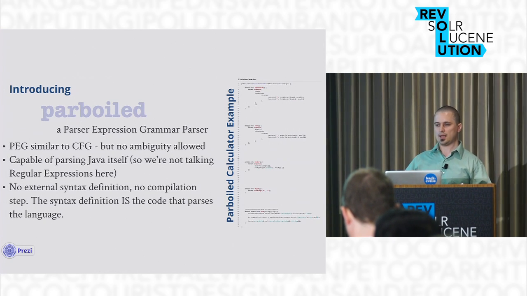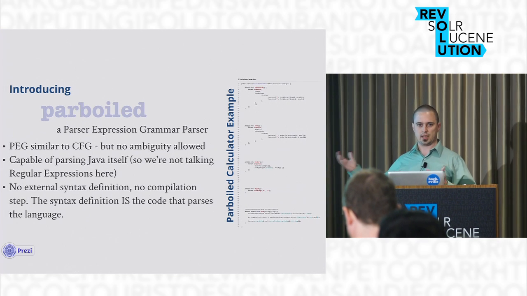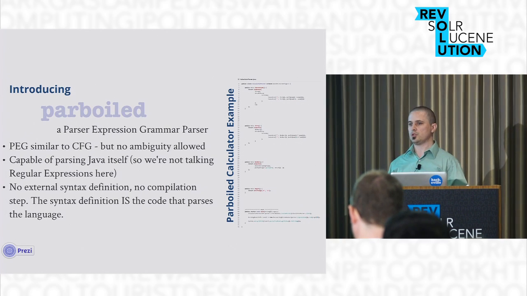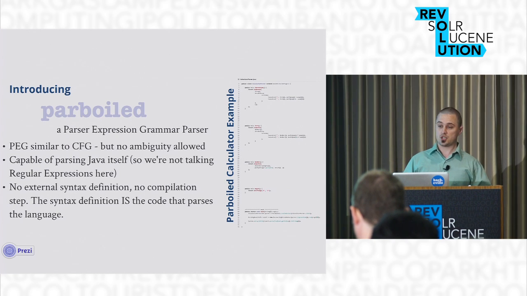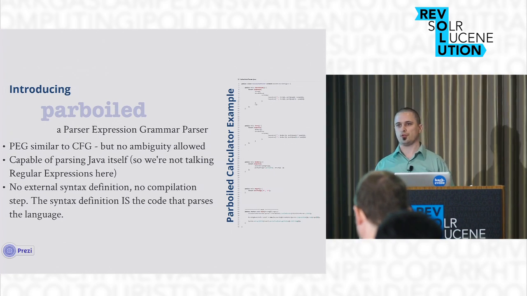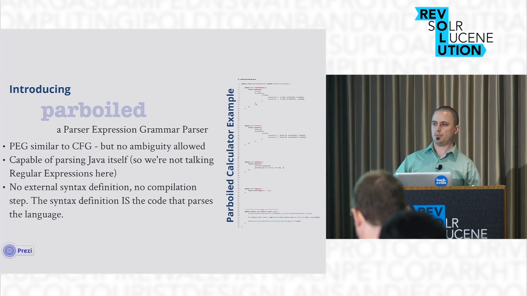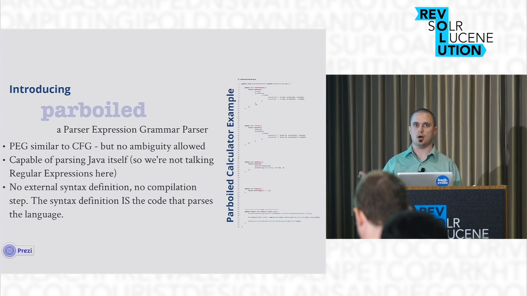In practice, this doesn't really get you into trouble if you're parsing a language like a search syntax. Obviously, you wouldn't be able to do natural language parsing with a PEG. But Parboiled itself is extremely powerful. As a matter of fact, if you go to the website, one of the examples shows how Java itself can be parsed using Parboiled. So it's very rich, and with more recent updates, it's actually quite performant as well.